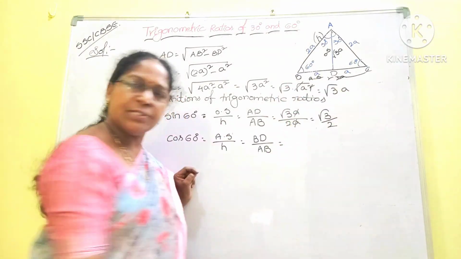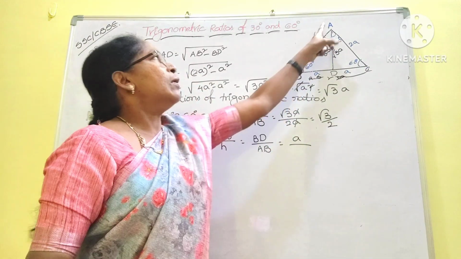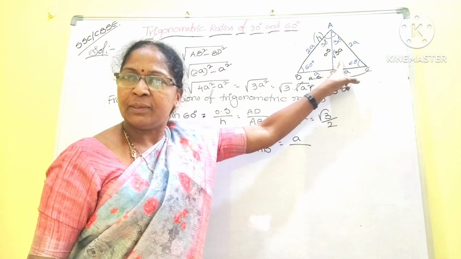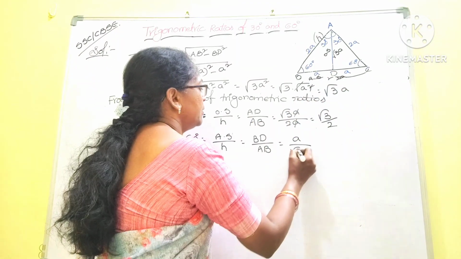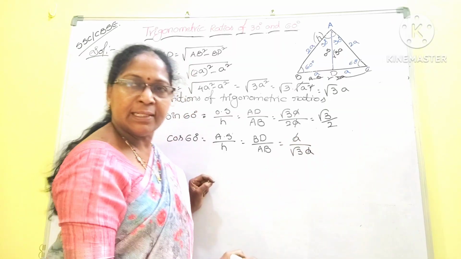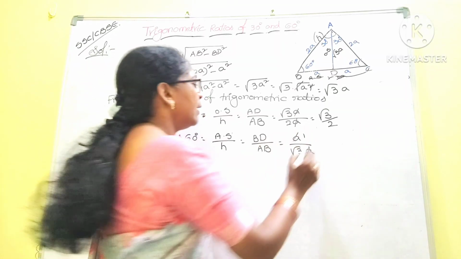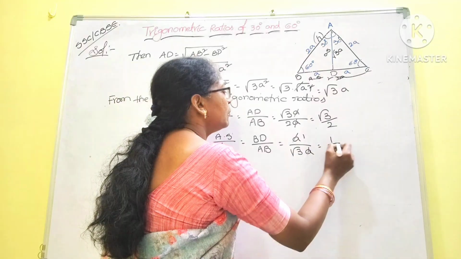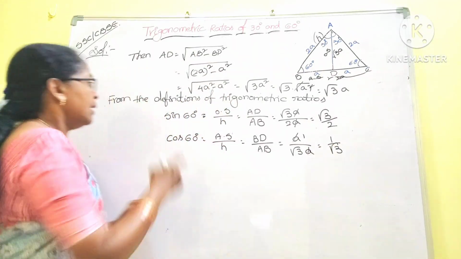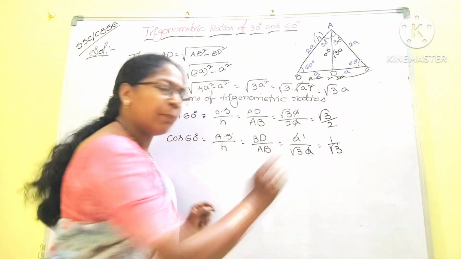BD equal to A, by AB equal to root 3A. Just substitute the values. Then A and A will be cancelled. Anything not there means the value is 1, no need to write. That equal to 1 by root 3. Sin 60 equal to root 3 by 2, cos 60 equal to 1 by root 3.